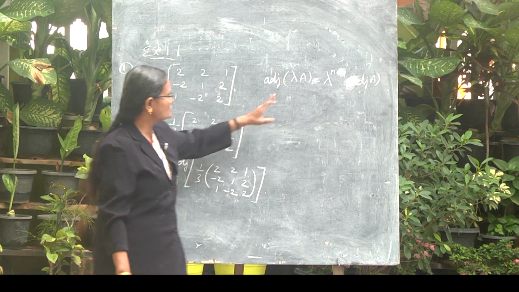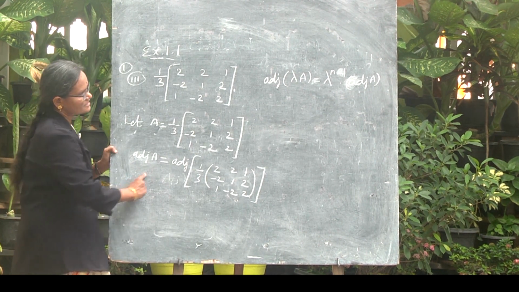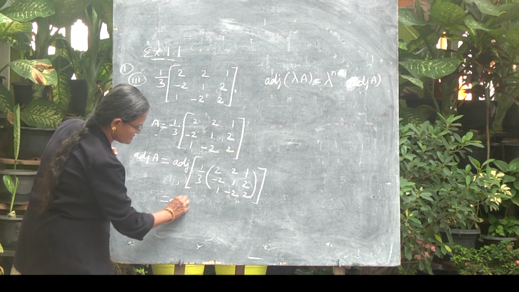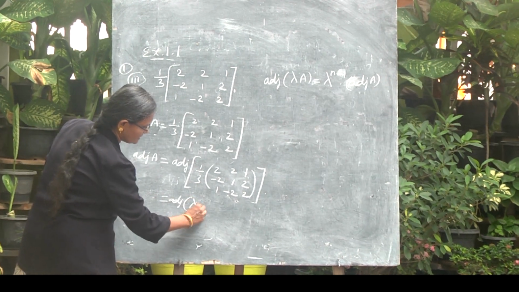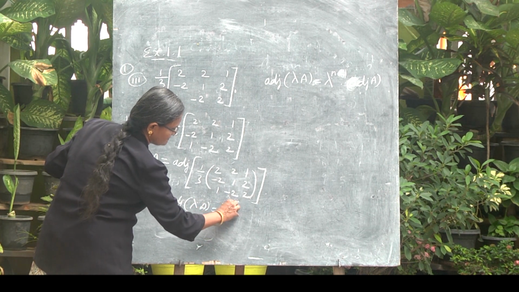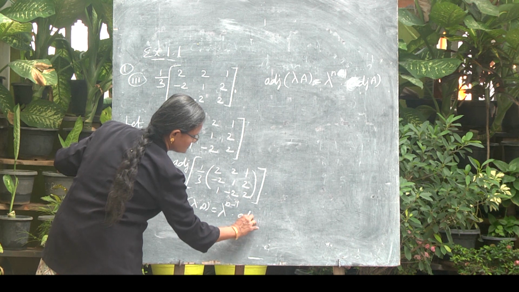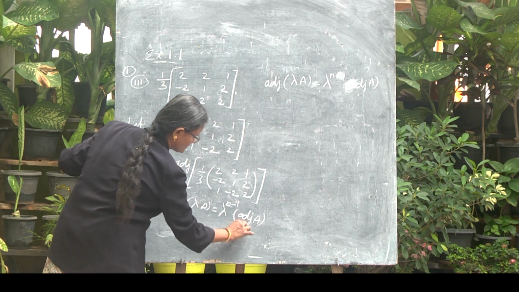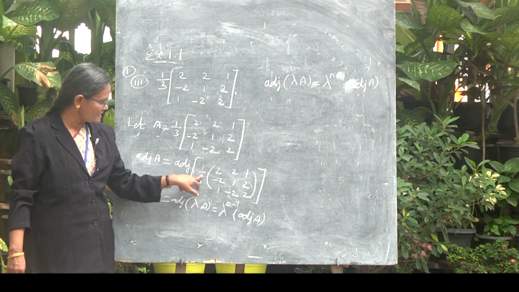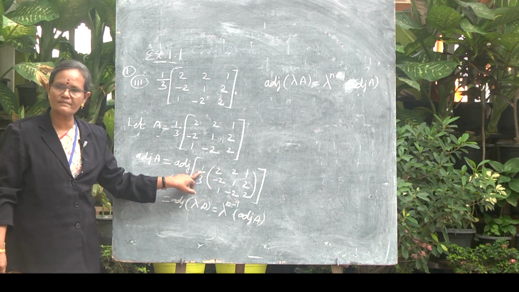Now we can use this property here. Comparing the two equations, adj of lambda A is equal to lambda power n minus 1 into adj of A. What is the value of lambda?